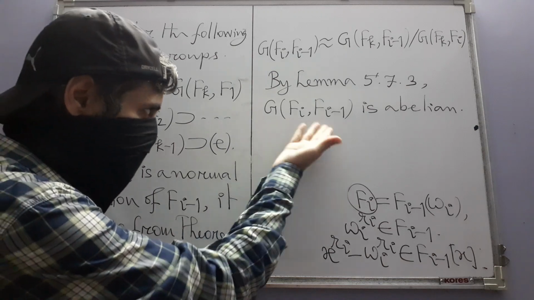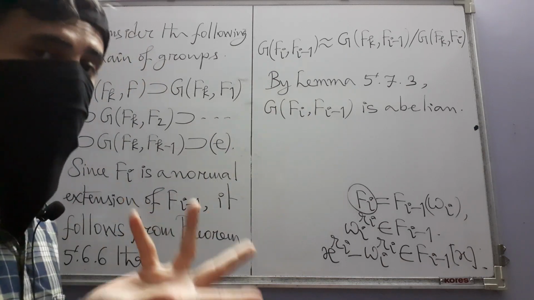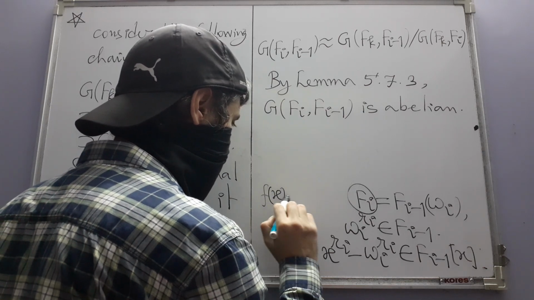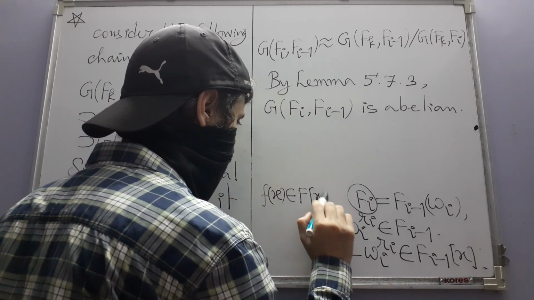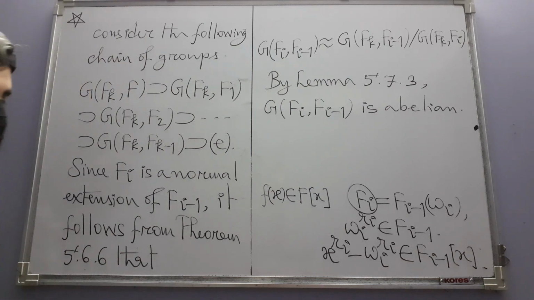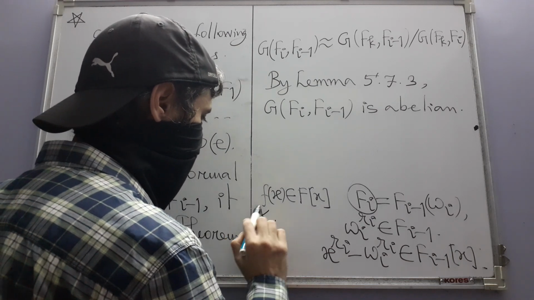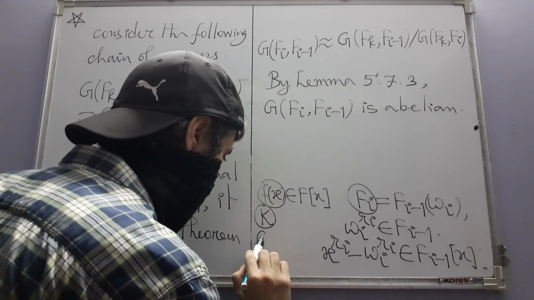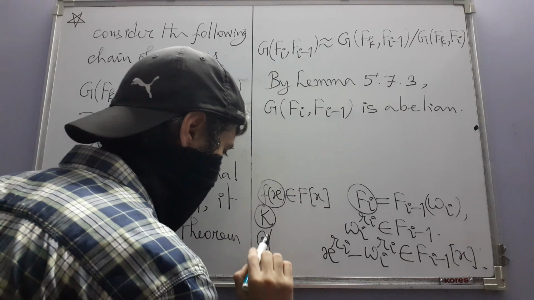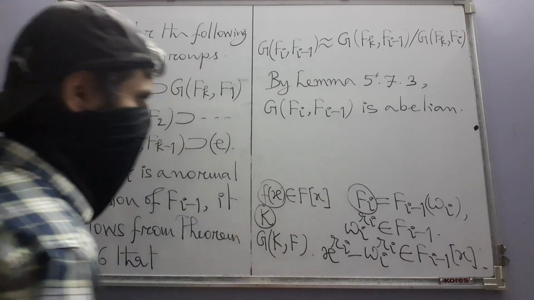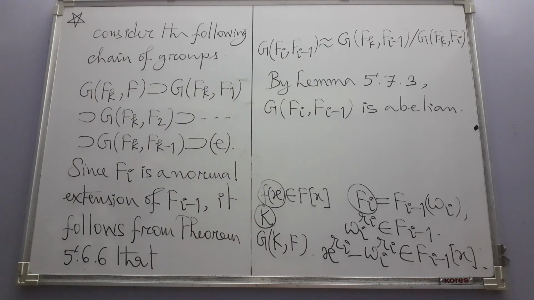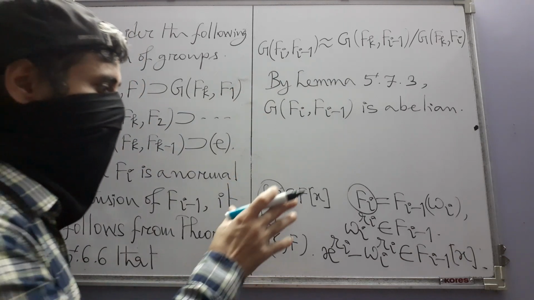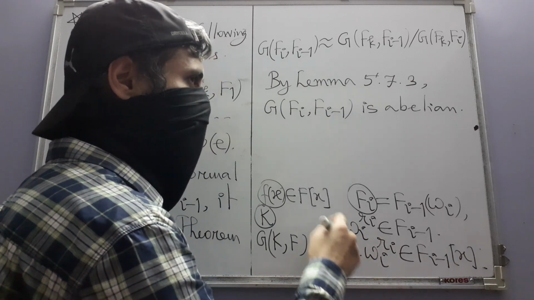But of course, this is the Galois group, because what is the Galois group? Say you have any polynomial f(x) over some field F, and let K be the splitting field of f(x) over F. Then by definition the Galois group of f(x) over F is this group. So this is the Galois group, and part 2 of Lemma 573 says that the Galois group of this should be abelian.